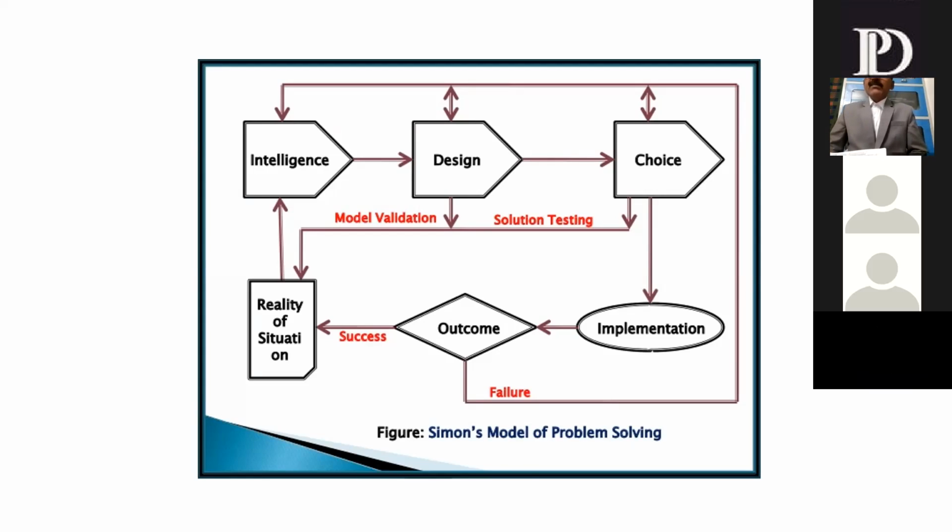Herbert Simon was one of the international global scientists of decision making, the father of decision making. As per him, intelligence, design, and choice are equal priority principles of decision making.